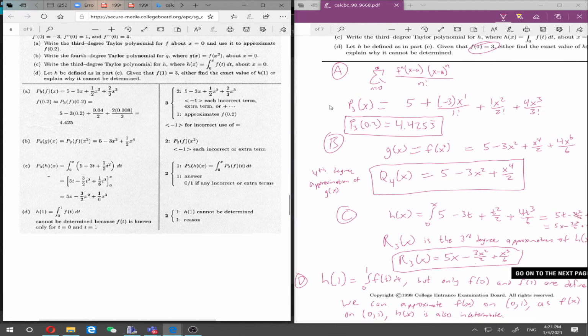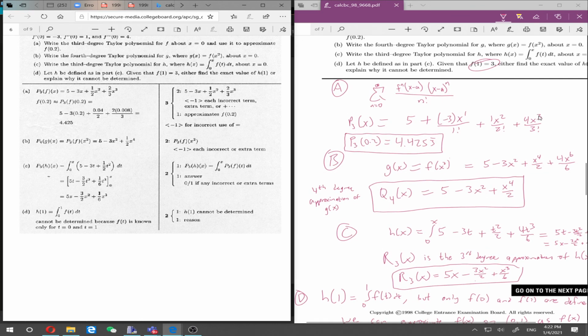Yeah. Okay, cool. First one, 2 points for our approximation, 5 minus 3x plus 1/2 x squared plus 2 x cubed over 3. We've got 4x cubed over 3, but still ended up with the right answer.